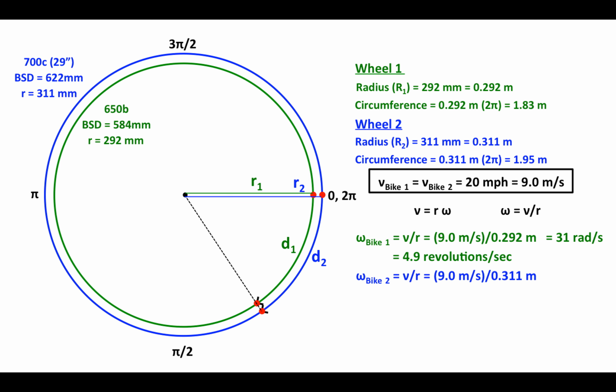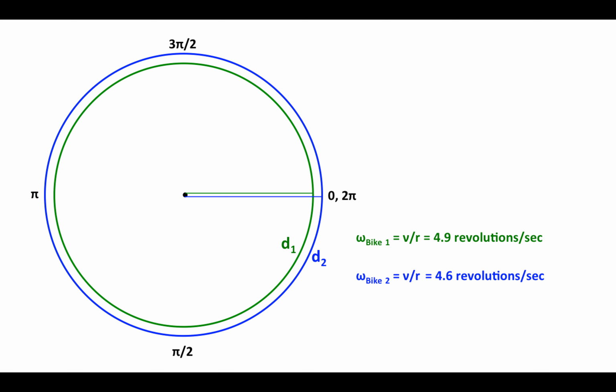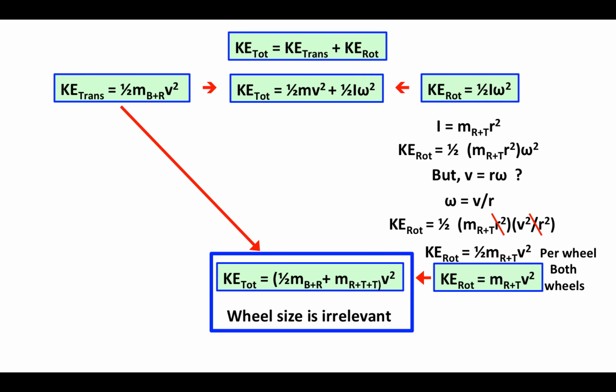With bike 2, we divide 9 meters per second by 0.311 meters, and that is 29 radians per second, and that works out to 4.6 revolutions per second. The obvious point here is that the green wheel rotates the fastest, but covers less distance per revolution, and the blue wheel rotates more slowly, but covers more distance per revolution. Which has illustrated what we said earlier, that in the total energy computation, the wheel size is irrelevant.